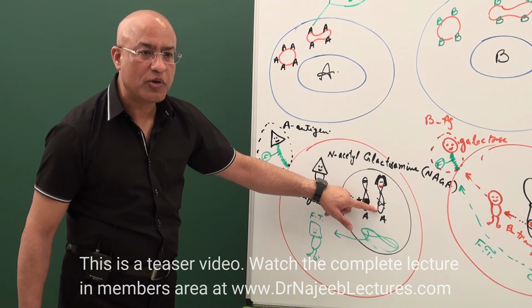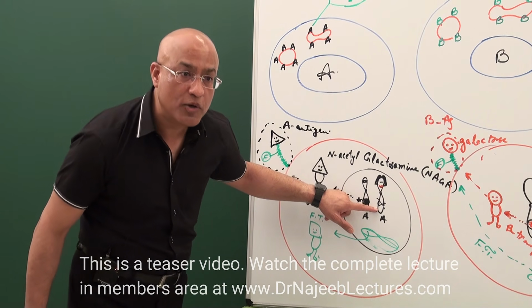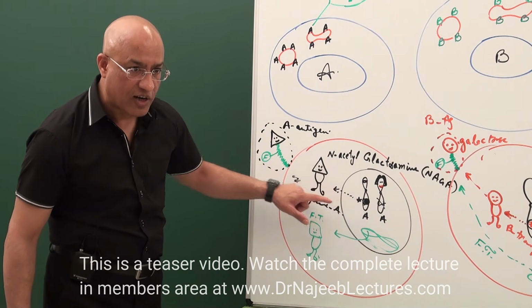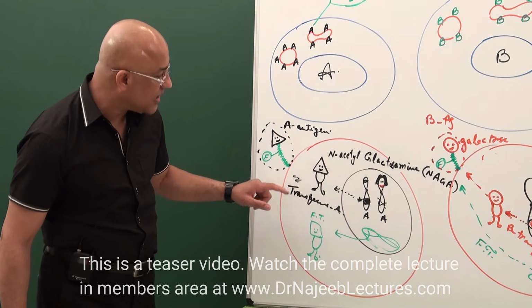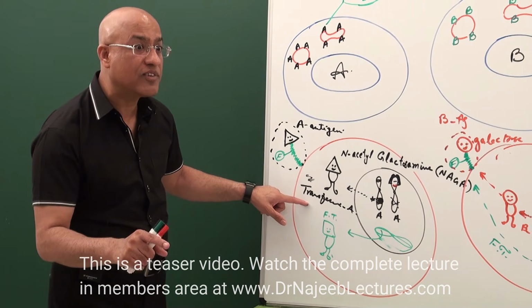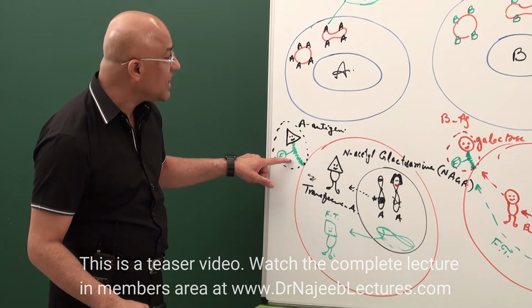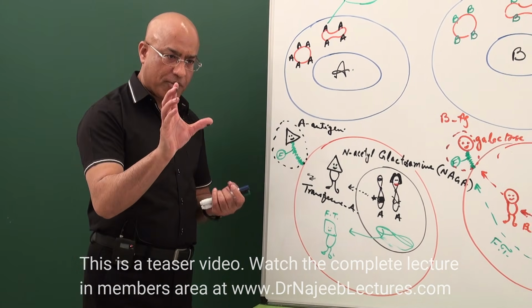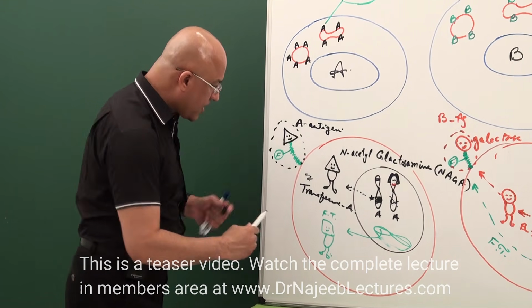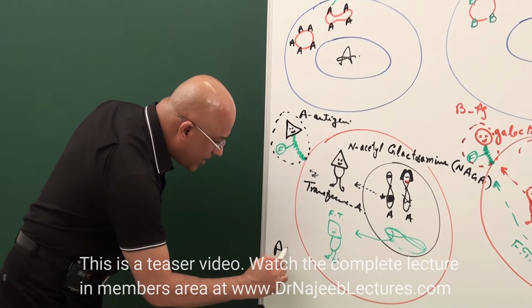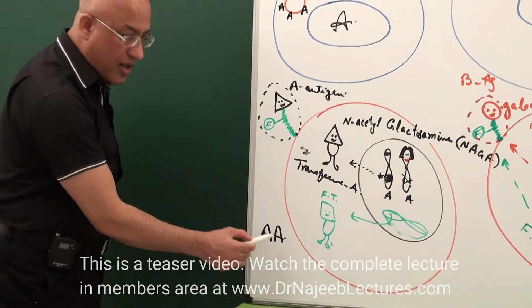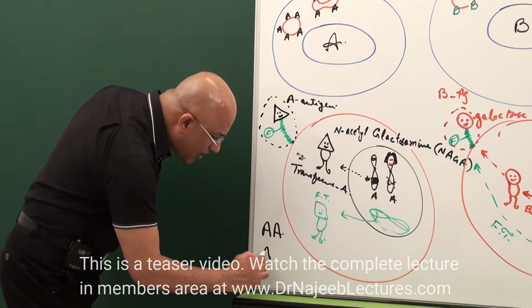What will be his blood group? Still blood group A, because even though he will be producing less transferase, that less transferase will be enough to convert all the H to A. It means the genotype can be AA, maternal A and paternal A, or there may be AO.